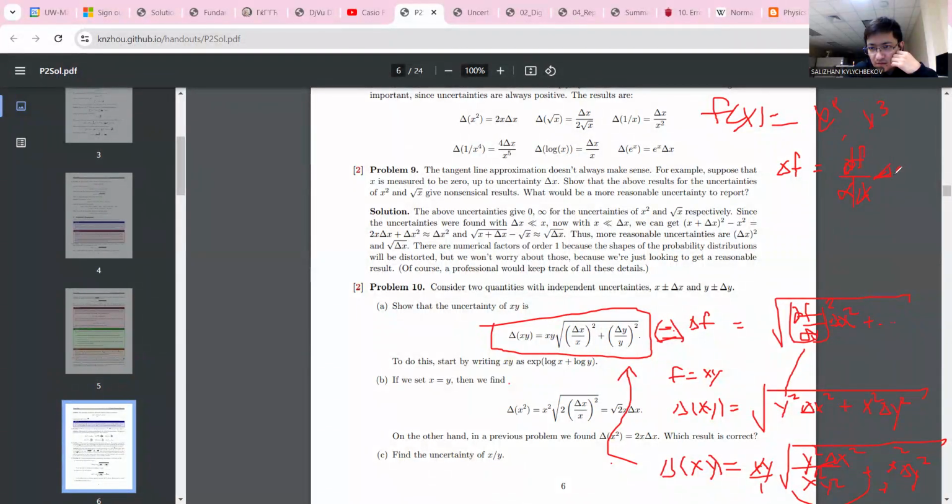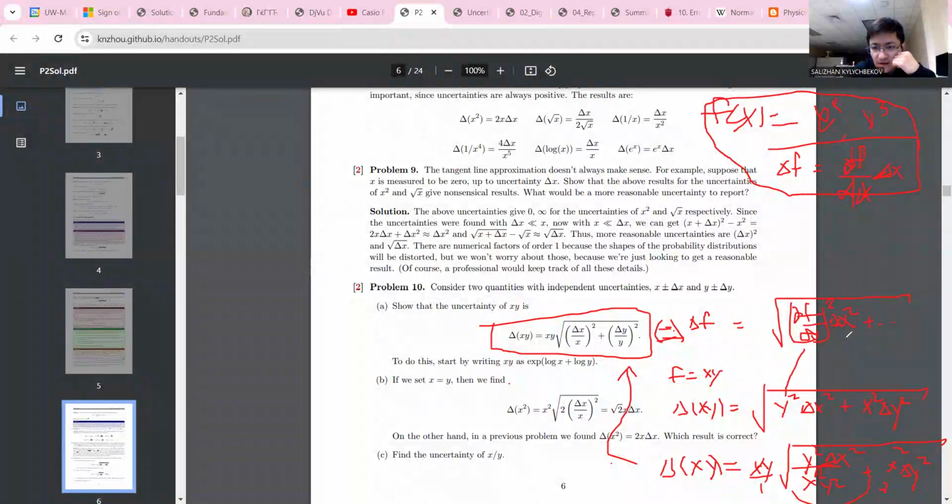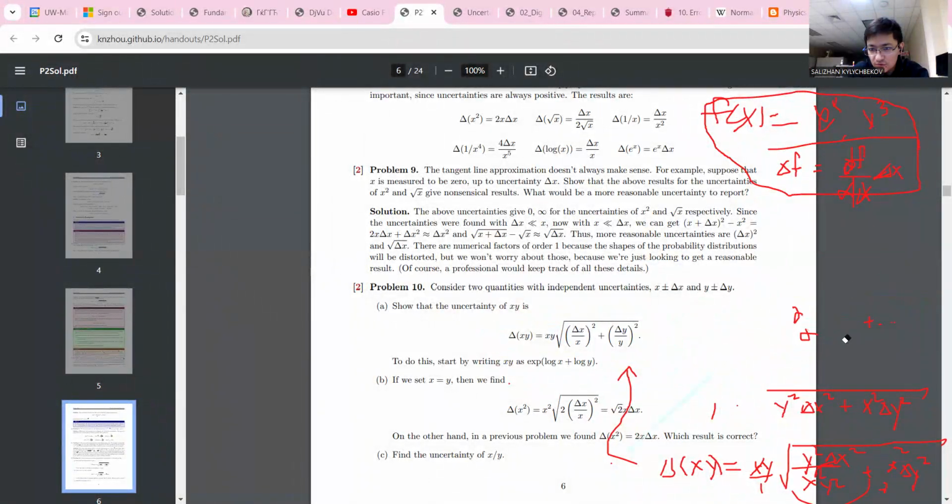This is for dependent variable like this. For independent variables like this. And everything can be obtained from this universal equation, which is really good.